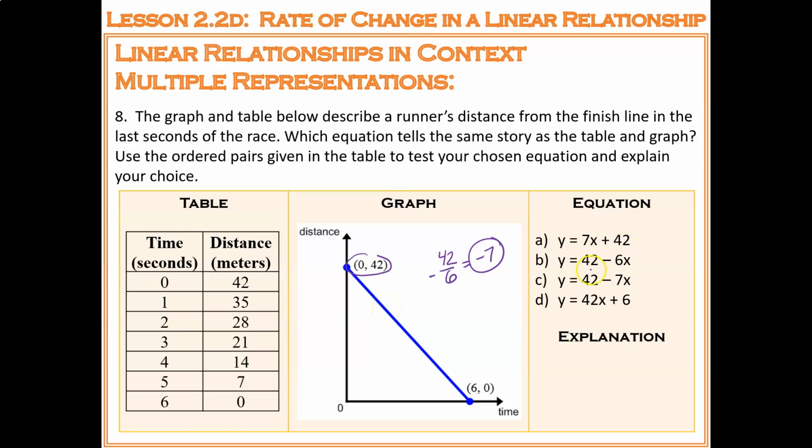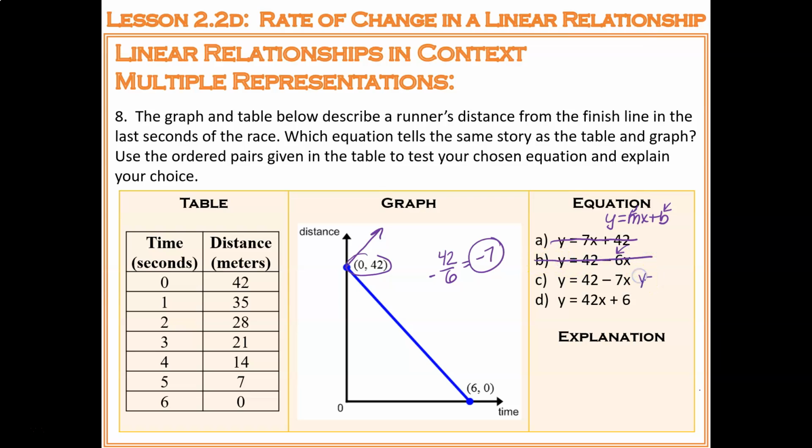So we know anything other, we're doing this format. Okay, and this is the rate, the M is the rate, the B is the initial value. So let's look at A. It can't be A because the line would be going that way because of the positive 7. It can't be B because we know that our rate's not negative 6, and that's saying our rate's negative 6.